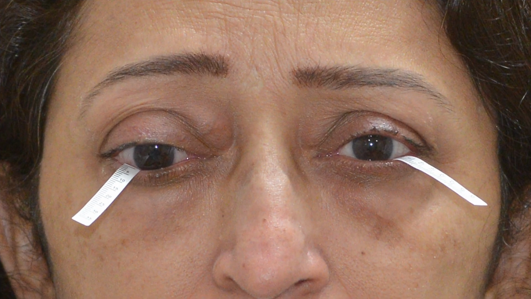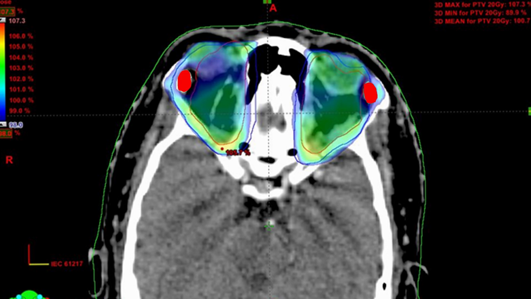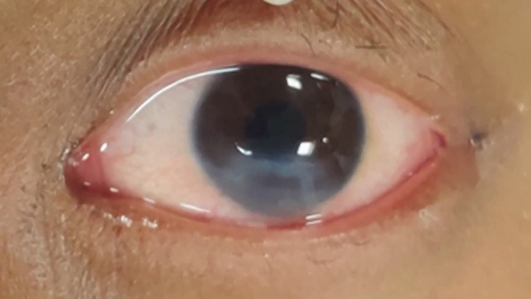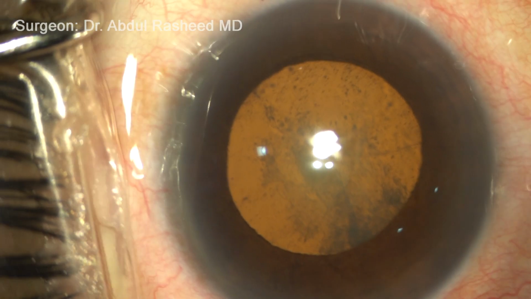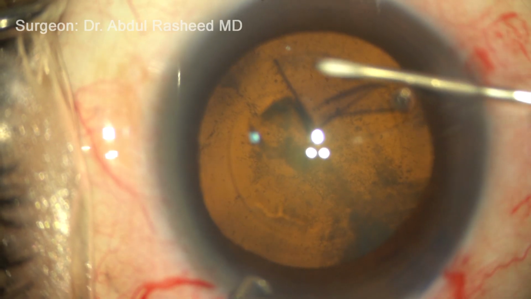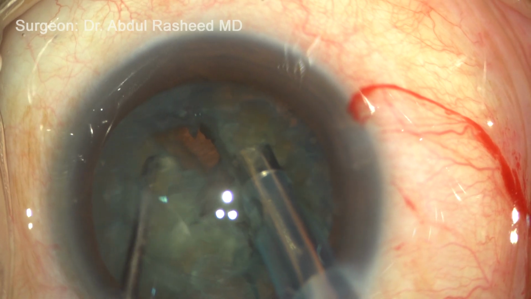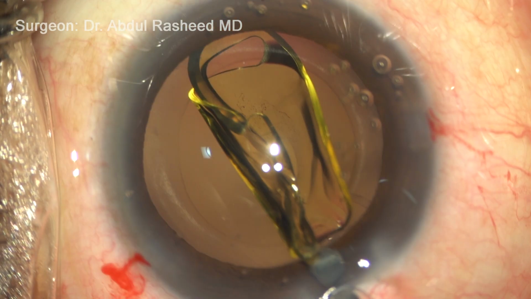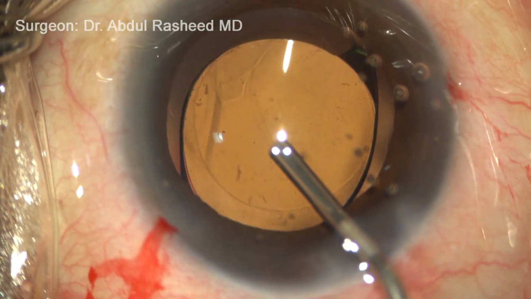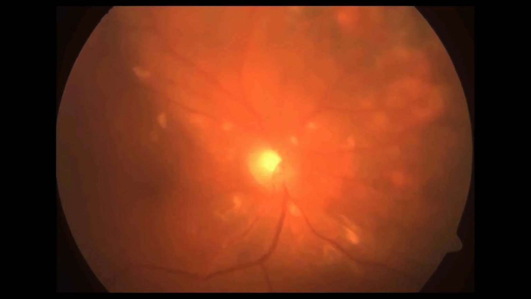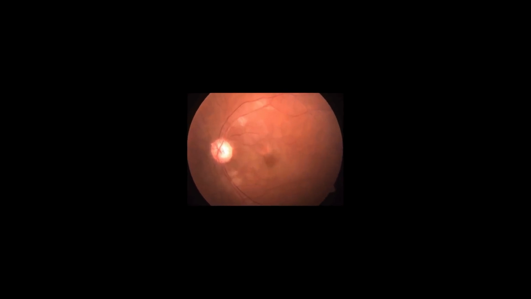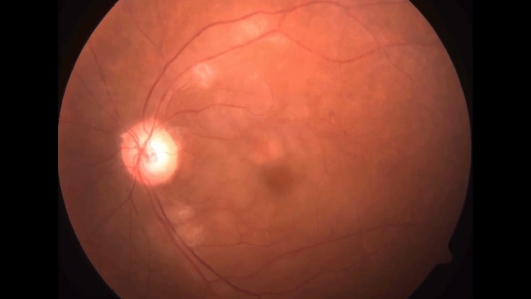However, the incidence of dry eyes can be reduced by proper shielding of lacrimal glands and managing with generous use of lubricating eye drops, keratitis, which usually happens on higher dose usage of more than 50 to 60 gray, and it can be prevented by eye shielding, cataract, which can be prevented by projecting the beams away from the lens, and if at all it happens, it can be managed with safety-enhanced cataract surgery with intraocular lens implantation. Radiation retinopathy, which can be managed with intravitreal anti-VEGF injections at regular intervals. Central retinal artery occlusion, although extremely rare, it can occur.